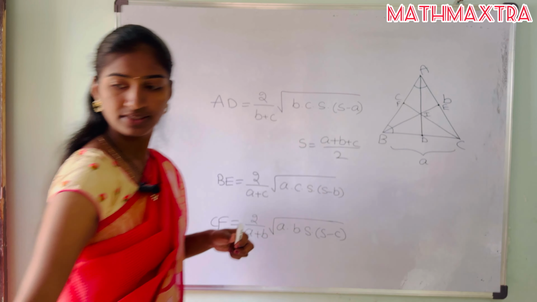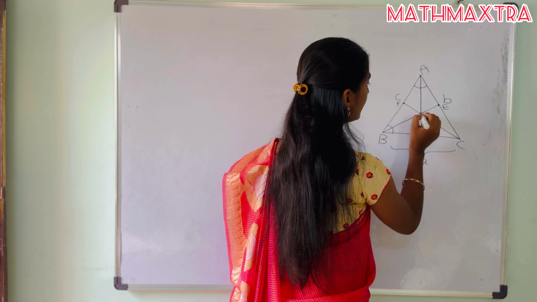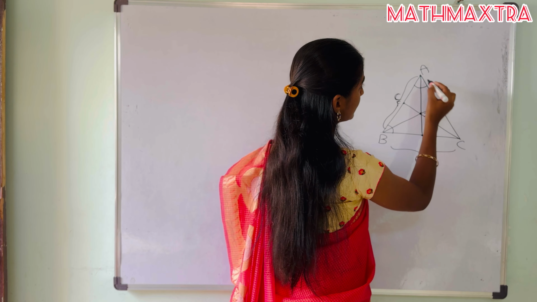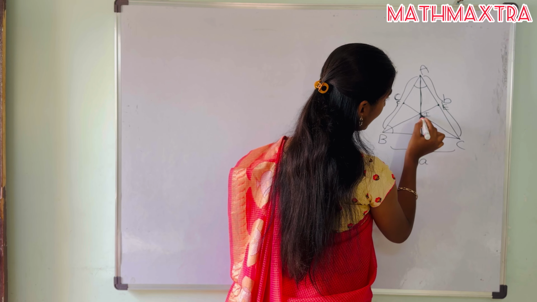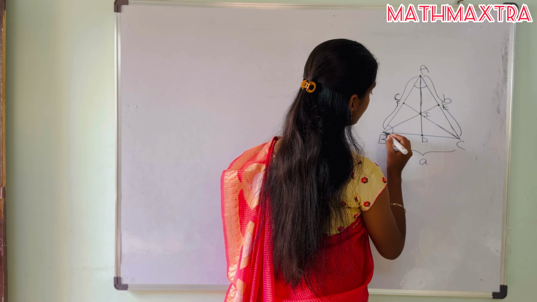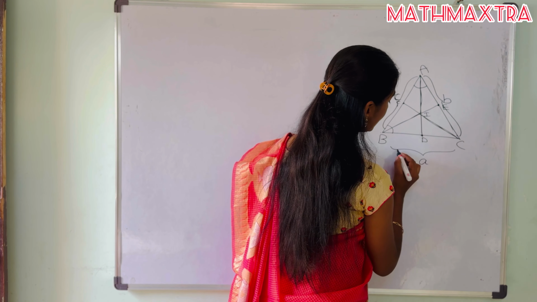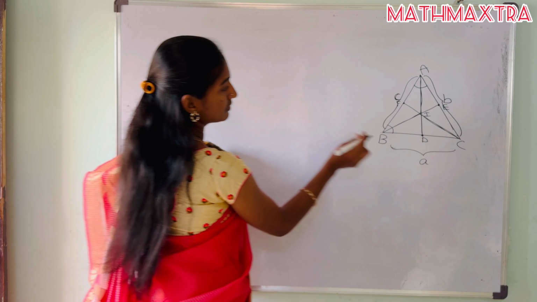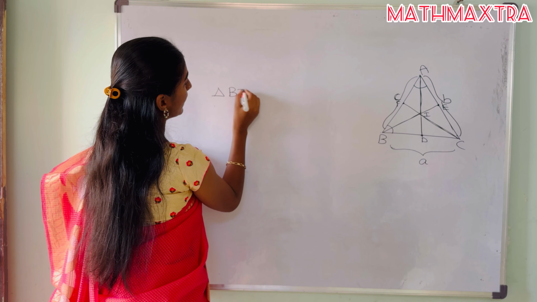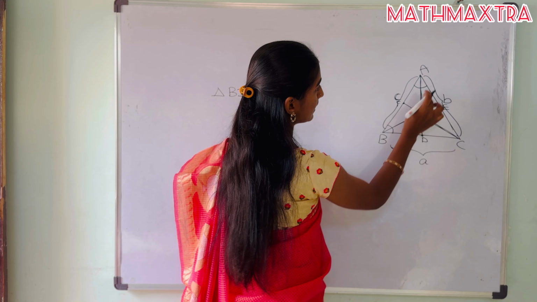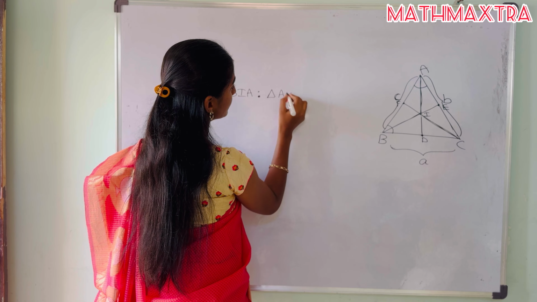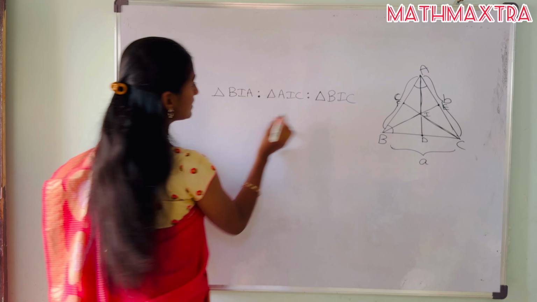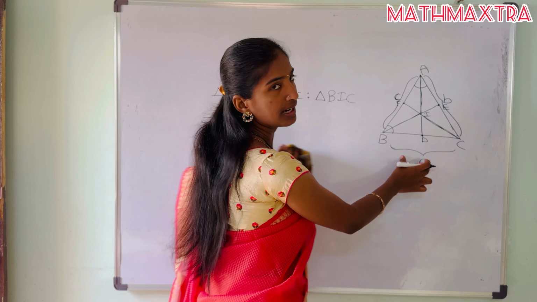And we have one more property. Consider triangle ABI, with side c, triangle AIC, with side b, and triangle BIC, with side a. The areas of triangle BIA, triangle AIC and triangle BIC are in the ratio of their corresponding sides.